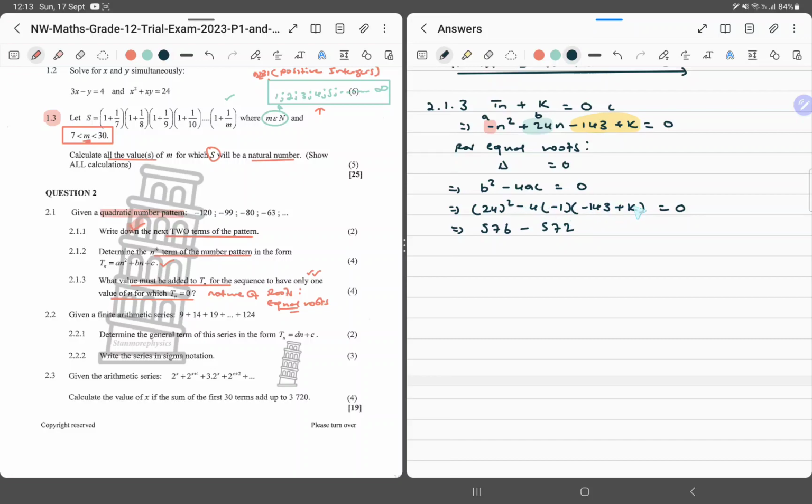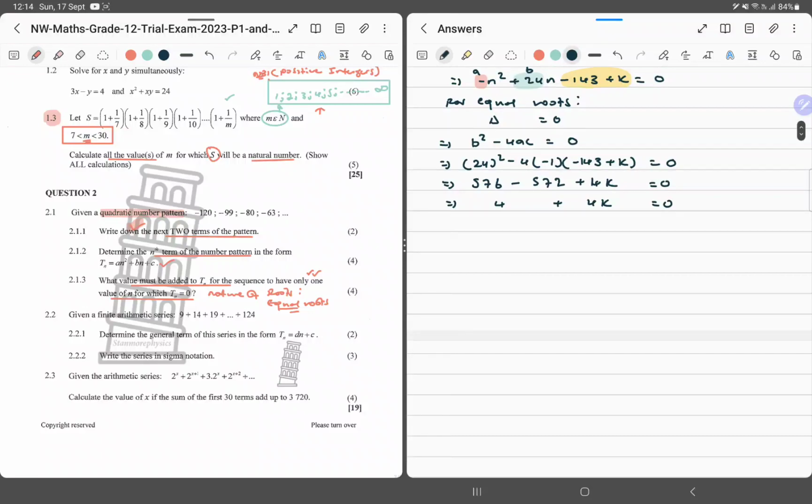Now this is plus 4 times k, so plus 4k equal to 0. Then we've got 4 plus 4k equal to 0. This also implies that 4k is equal to minus 4. Therefore, our k is going to be minus 1.